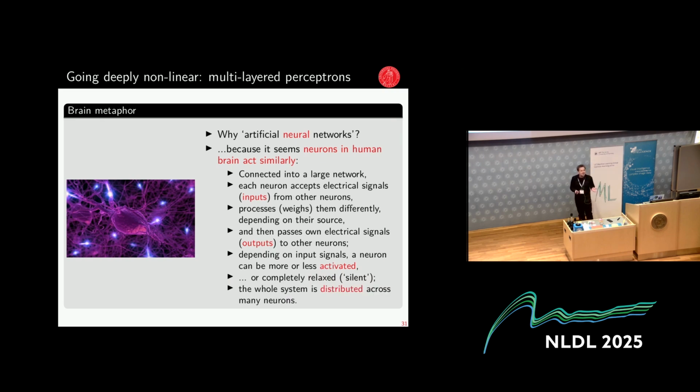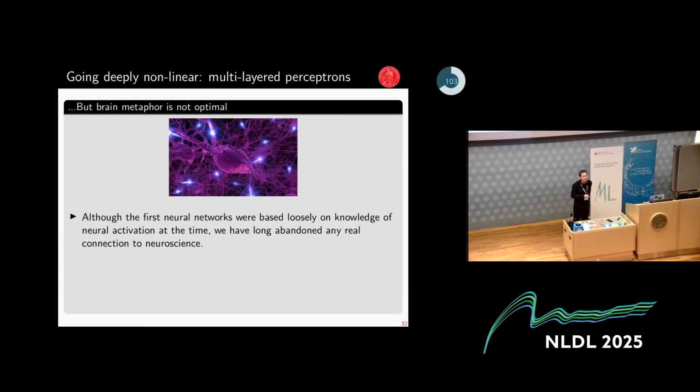Yeah, and the whole system is also distributed, which is also the property of modern artificial neural networks, right? So the knowledge about the task at hand is distributed across the whole system. But I'd say that although originally artificial neural networks were based a lot on our knowledge about how the human brain functions, since that time we have moved very far away from neuroscience.